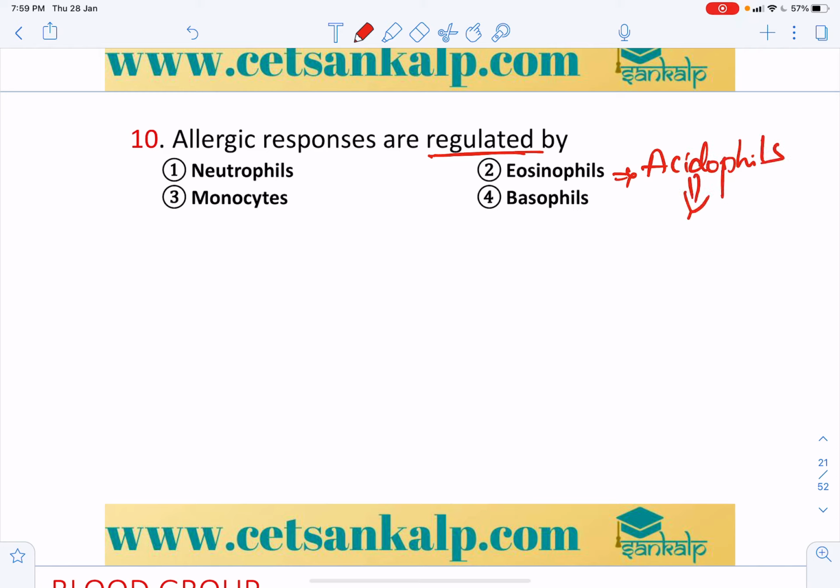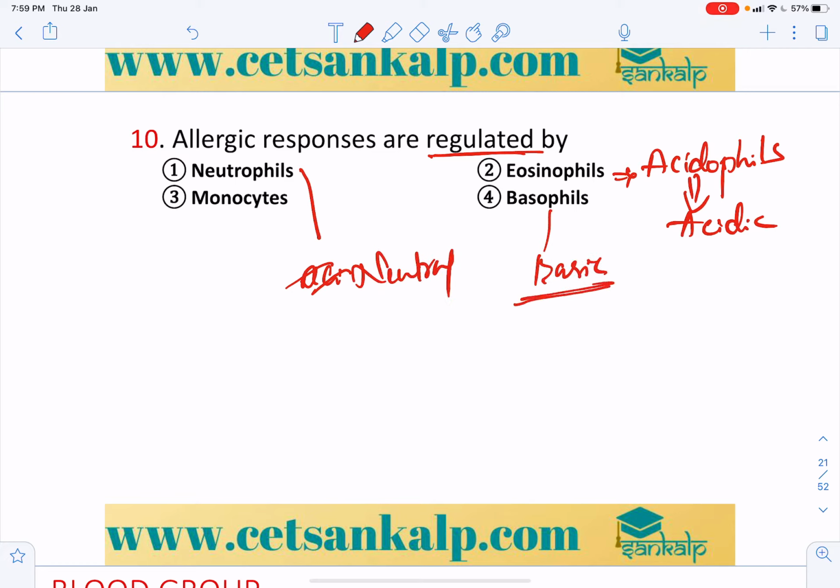These are acidic in nature, and neutrophils are neutral, and basophils are basic in nature. Hence the names: basophils, eosinophils, acidophils. Eosinophils stain for the acidic, basophils for the basic, and neutrophils for the neutral. And allergic reaction is due to eosinophils.